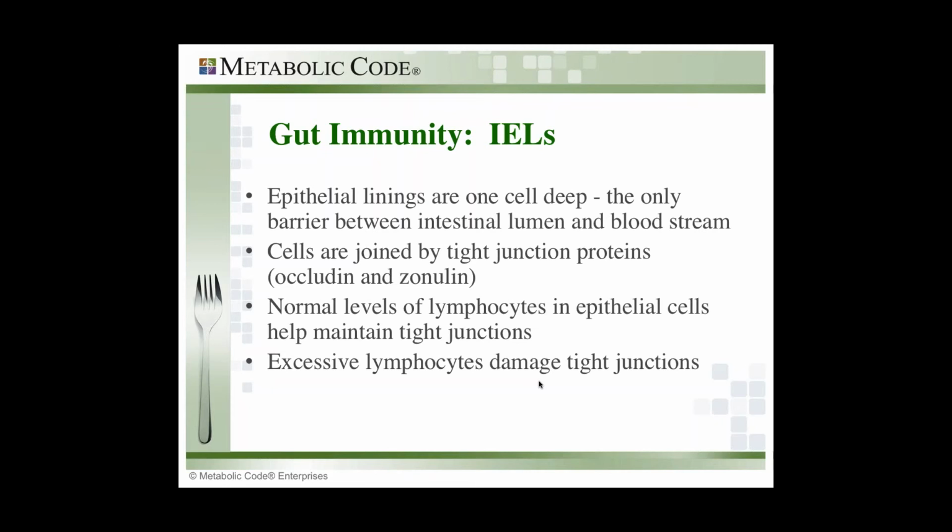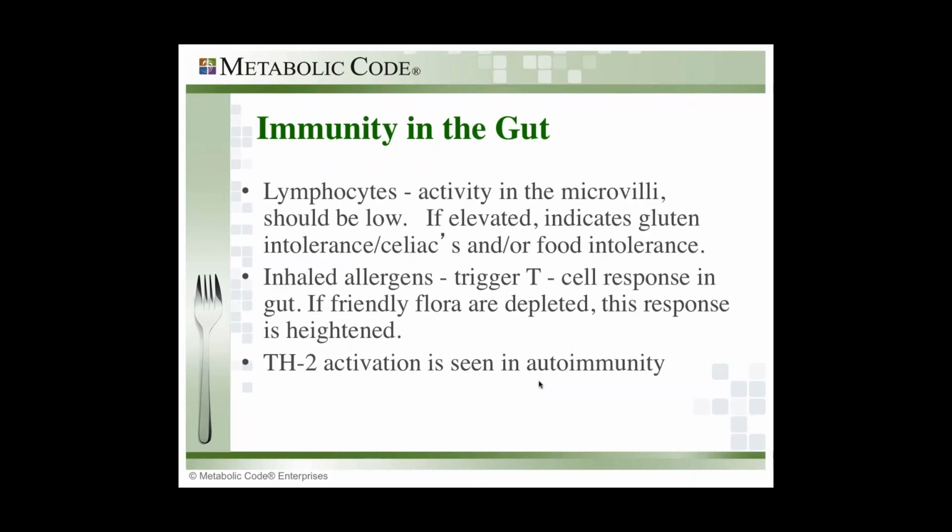So we can start to get disrupted tight junction proteins, and that allows the immune system to become more active, or drives it into becoming more active. And so when we start to have dysregulation here, the T cells will start to react to things that are benign, but they don't realize it because they have proteins that are similar to bacteria, so they'll start to react to dusts and molds and food proteins.